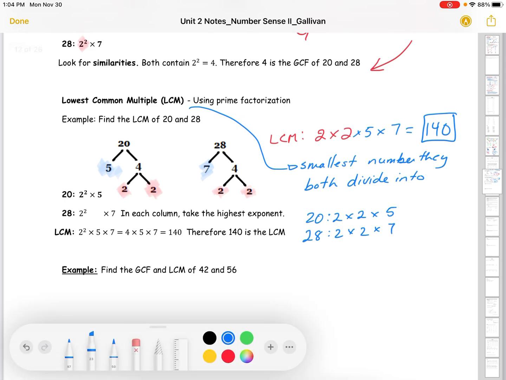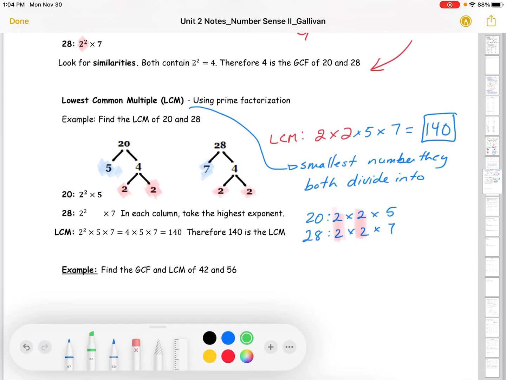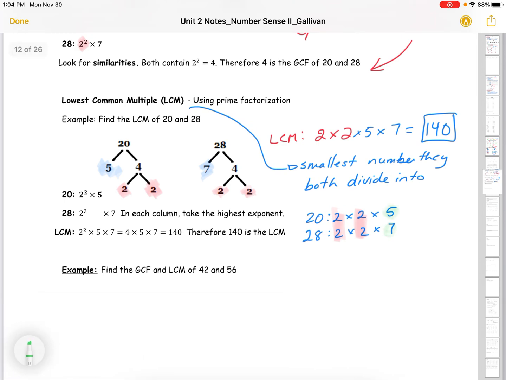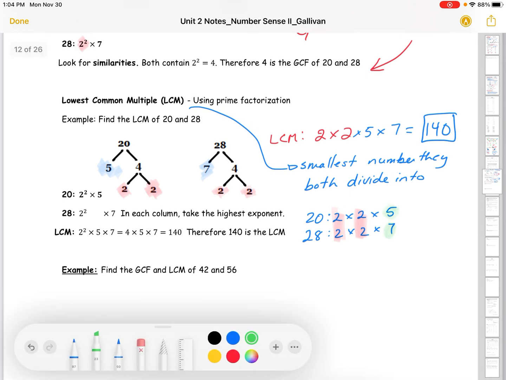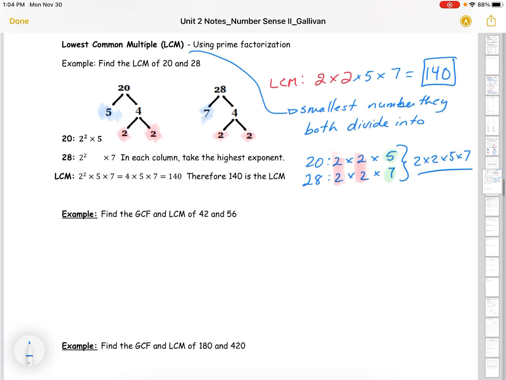Then you might look at it going, okay, well, I have this and this, but then I also have this and this. So that will give you your list, right? So it'll be 2 times 2 times 5 times 7. However you want to track that, okay? Alrighty, so let's keep doing practices.